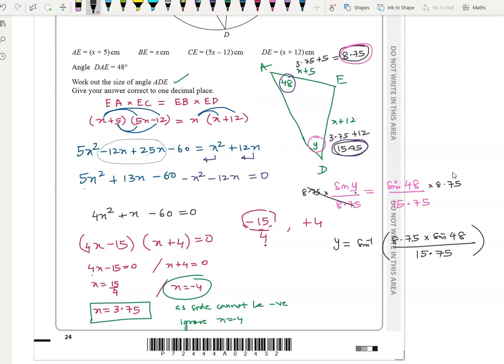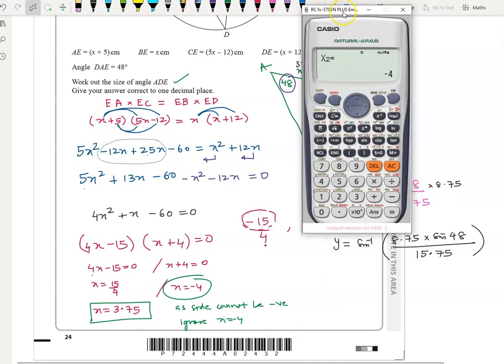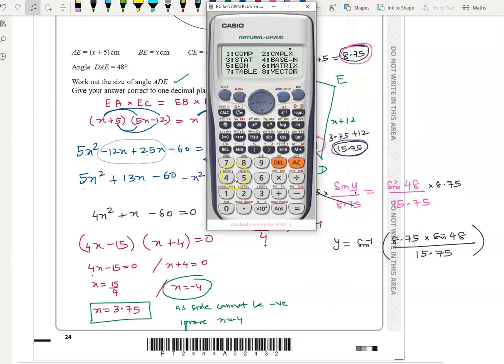Okay, let's put this in the calculator. So go to mode 1, shift sine inverse, 8.75 times sine 48 over 15.75, close the bracket, and you get here 24.38.